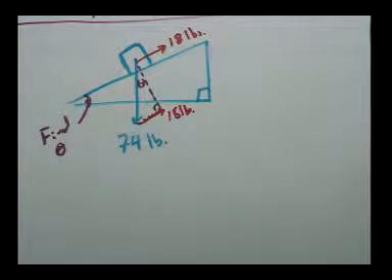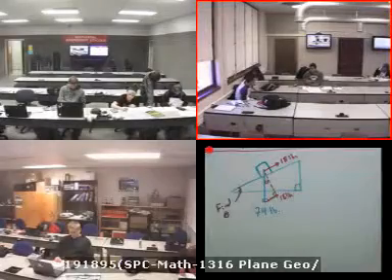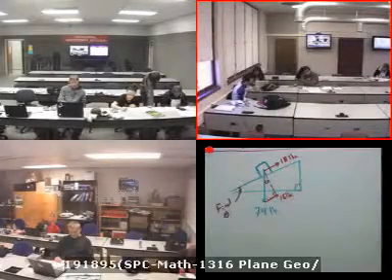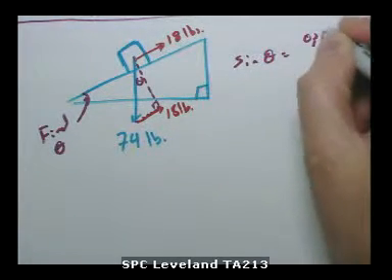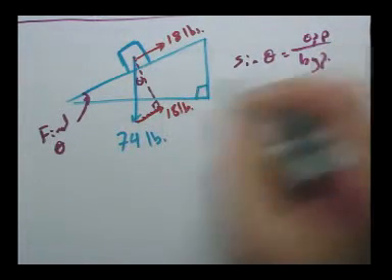And how do we find theta? The arc sine of 18 over 74. Right? Sine is opposite over hypotenuse, and that's exactly what we've got.